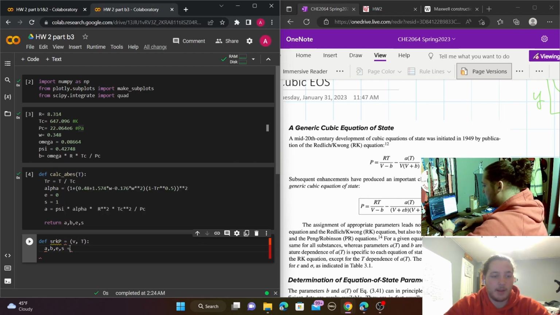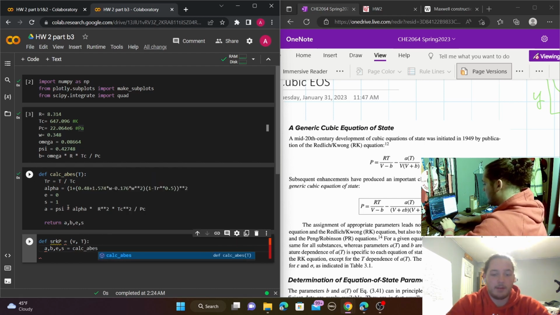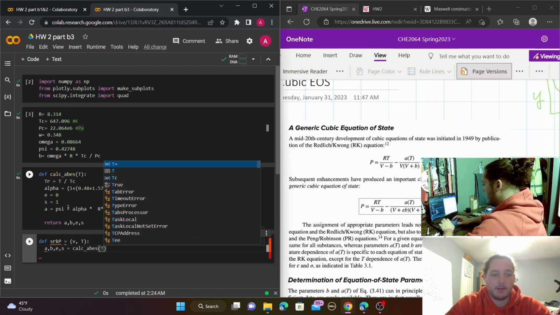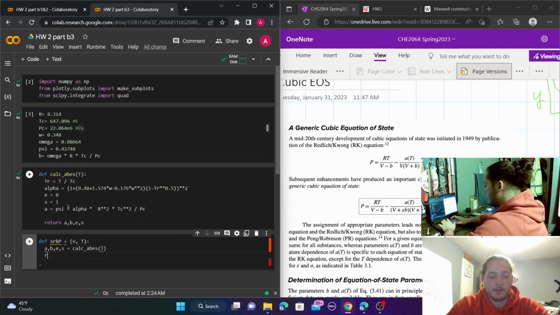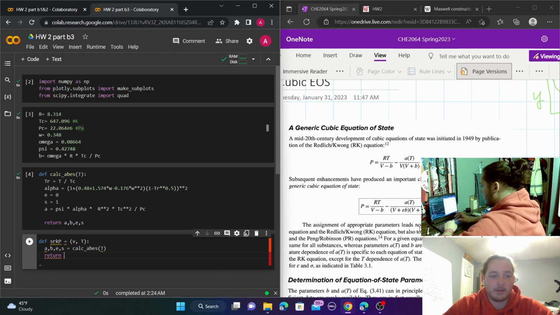And we're going to set that equal to calc underscore ABES of T. Then we are going to return our generic cubic equation of state.